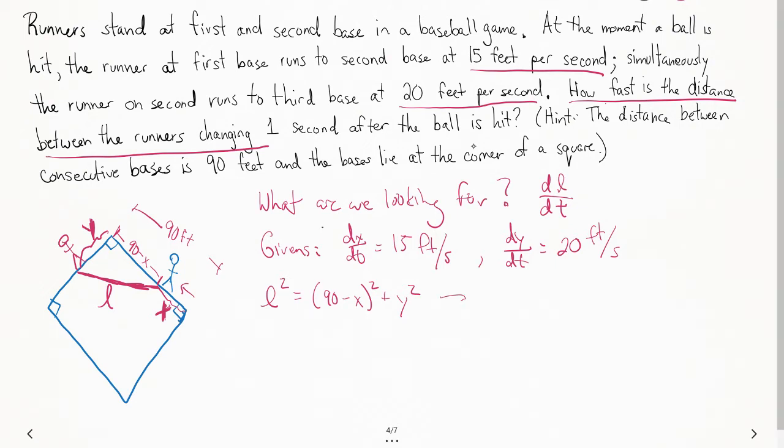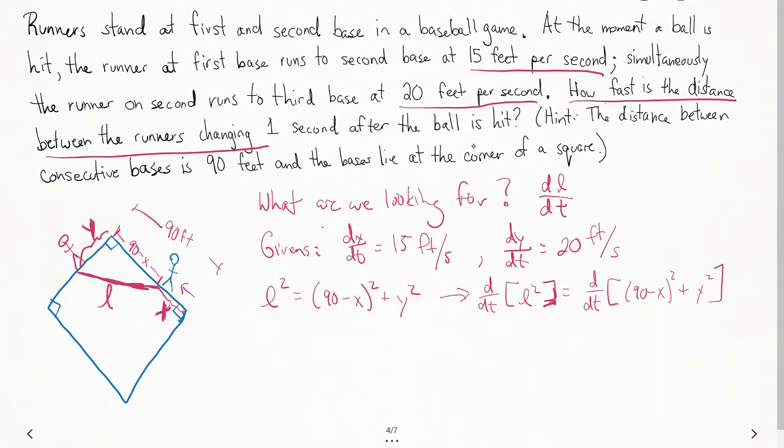That means we take d/dt of L squared, and then d/dt of (90 minus x) squared, plus y squared.